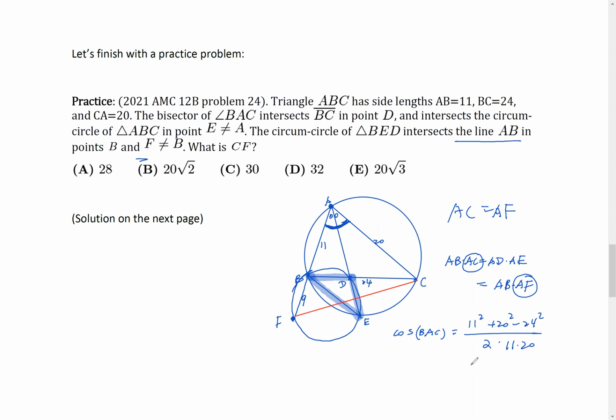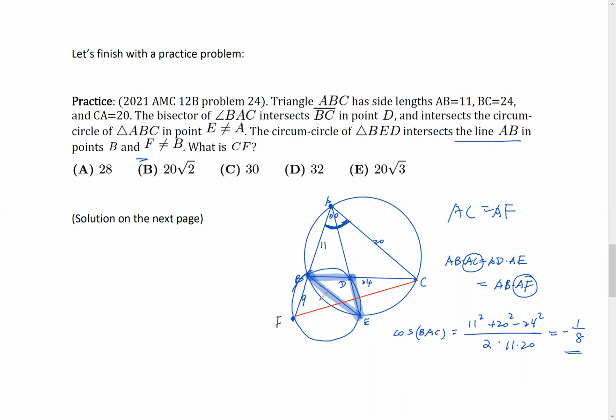Law of cosines, all right? And if you check it out, the value is -1/8. Don't take my word. You're going to have to verify it yourself, all right? And once you are here, the rest is easy, all right?